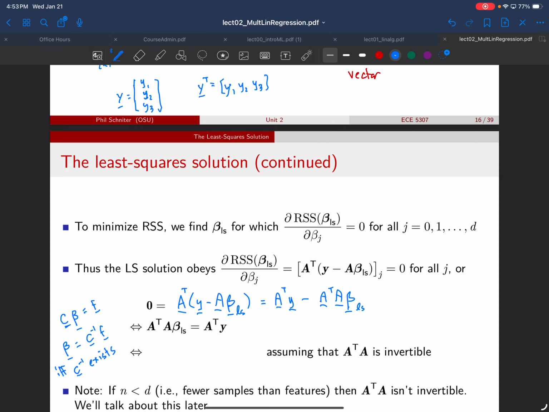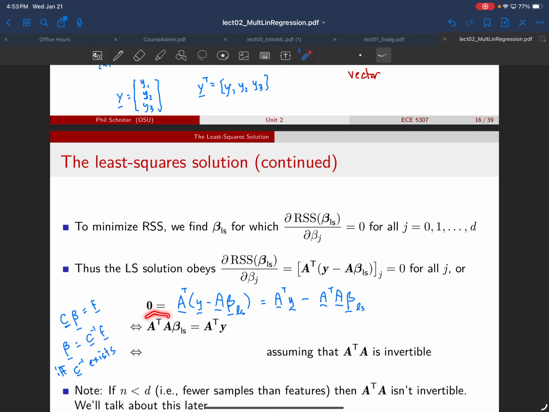It's not always invertible. And one time it's definitely not invertible is if it's not square, if it's tall or wide. And so the problem with trying to get rid of A transpose, like invert this, is that A is typically going to be a tall matrix. It's usually not going to be square. So there's no way I can multiply on the left by A transpose inverse. It's impossible.